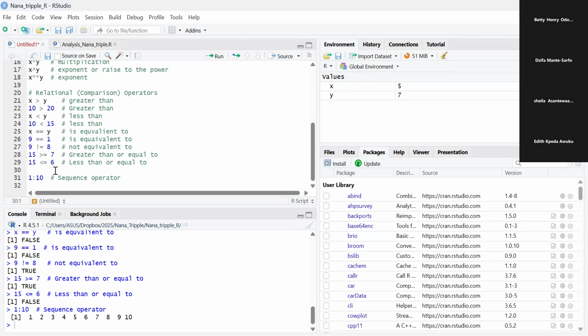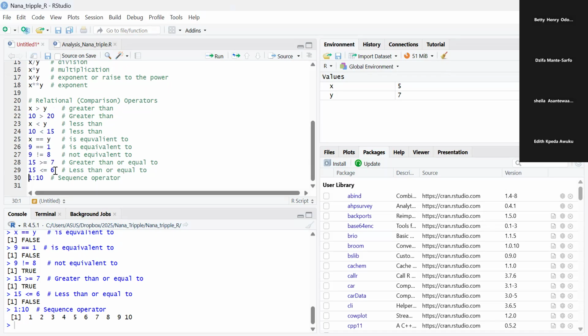Please ask your question. After typing everything, are you to run them one after the other? There are two things. If you want to see the results immediately, you run them after typing them. If you are not interested in seeing the results, there are two things you must know.